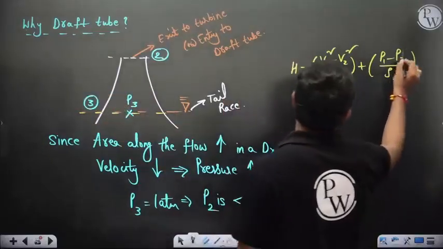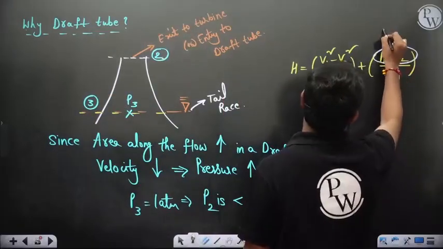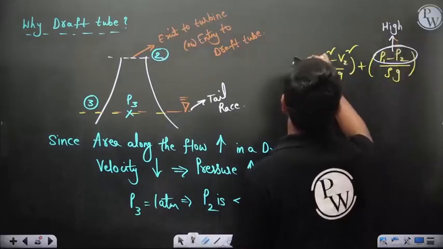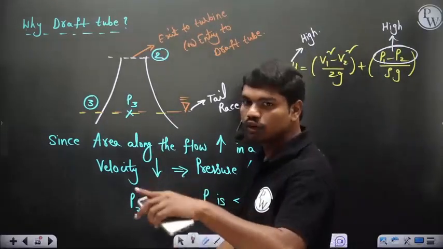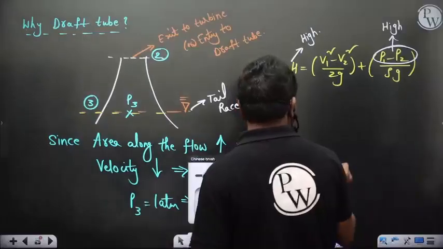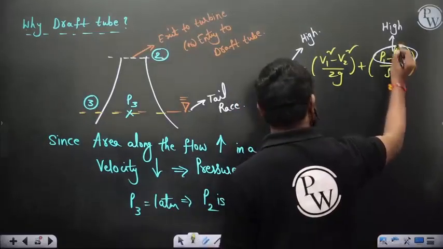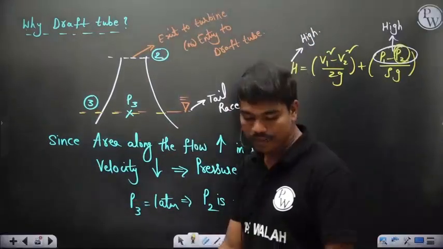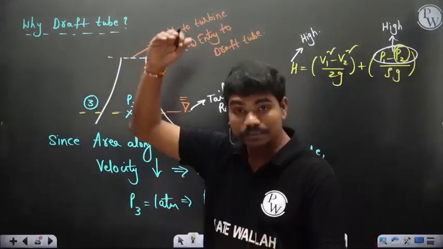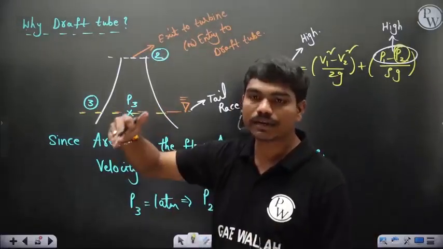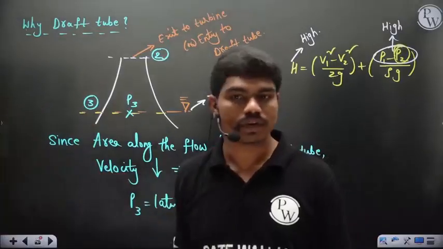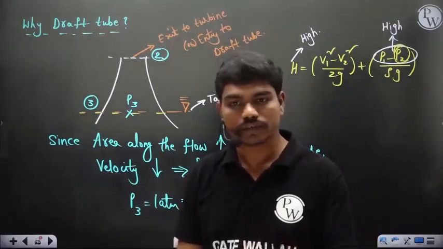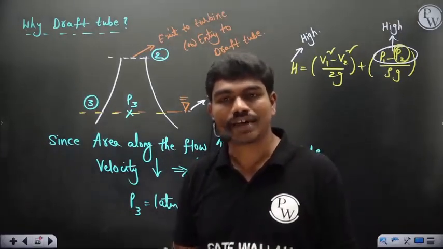So with the help of the draft tube, you're decreasing this P2 much below the possible value. If P2 is decreased below the available value, there is an advantage for the turbine and the turbine can generate more work. Got it? Did you understand how a draft tube actually helps?